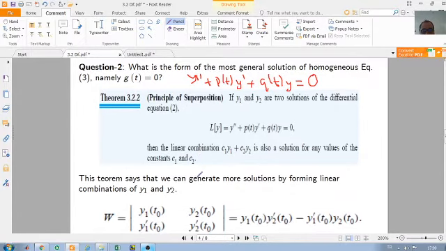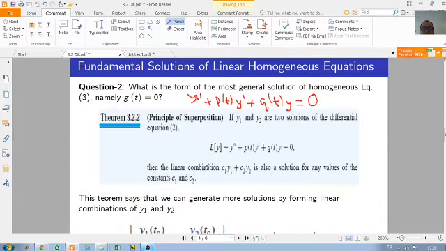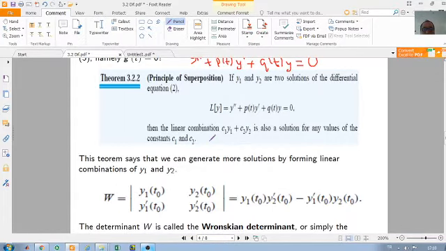Namely, we can generate more solutions by forming linear combinations of y1 and y2, which means that we actually have infinitely many possibilities for the solution of this differential equation by writing any values for c1 and c2, if we don't have any initial condition for this differential equation.